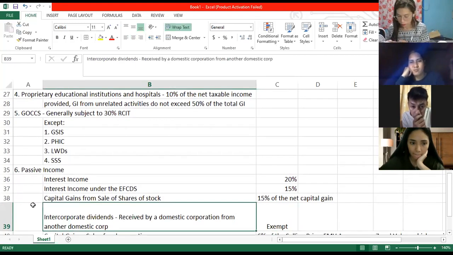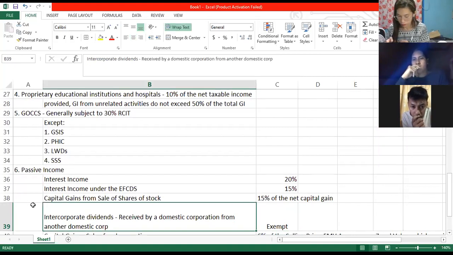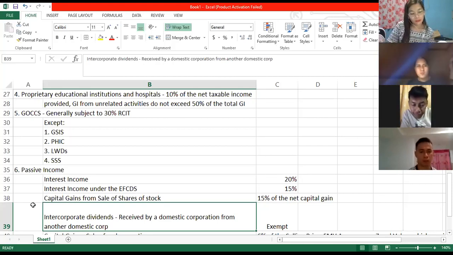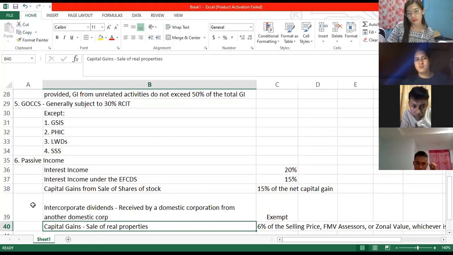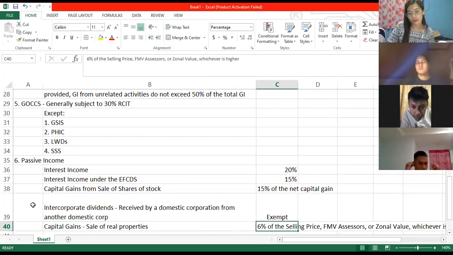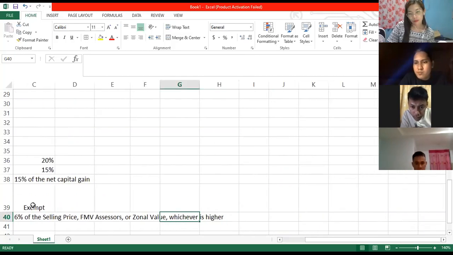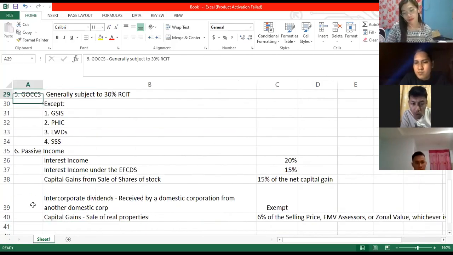We have intercorporate dividends by a domestic from another domestic. So kung na-receive yan ng domestic from a foreign, hindi siya exempt, okay? Exempt, okay? Capital gains from sale of real properties, 6% of the selling price, fair market value, assessed or zonal value, whichever is higher. Okay?